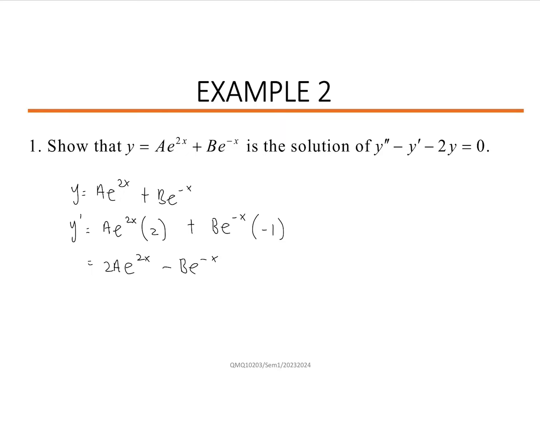Then we differentiate one more time: 2a e^(2x) multiplied by 2 minus b e^(-x) multiplied by -1, so we have y'' = 4a e^(2x) + b e^(-x). Substitute the derivatives and the function y into the given differential equation.